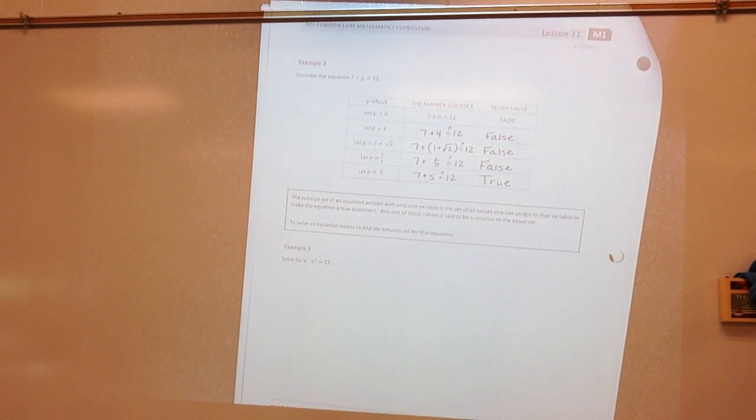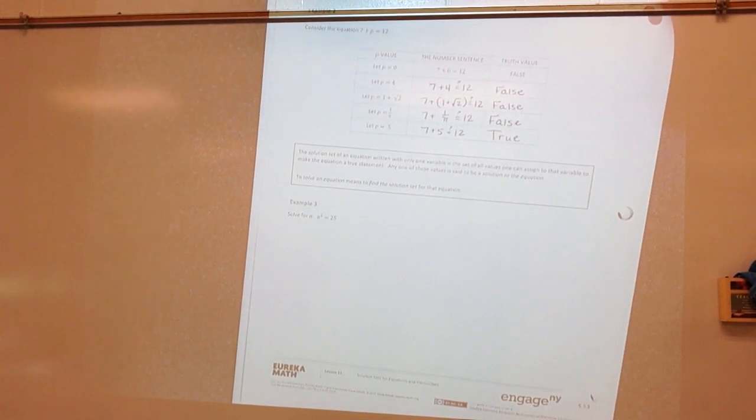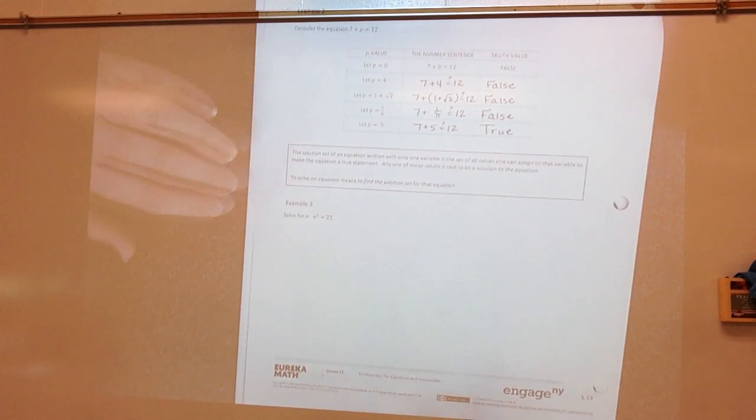All right, so let's go on with example number 3. It says solve for a if a squared is equal to 25. Now here's the nice thing about this. Hopefully you know that a squared is equal to 25.